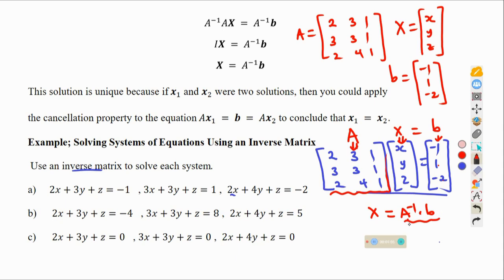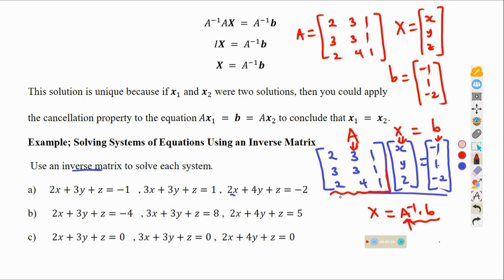Now, we are interested in getting A inverse first. We have already looked at how best we can get the A inverse. So, using the previous methods, please get the inverse of this matrix 2, 3, 1, 3, 3, 1, 2, 4, 1.